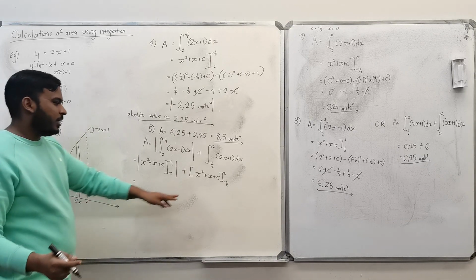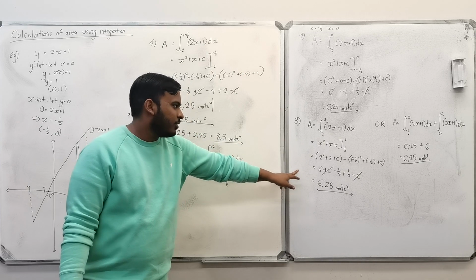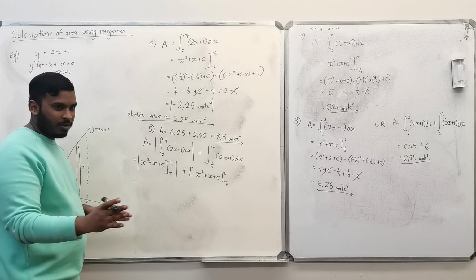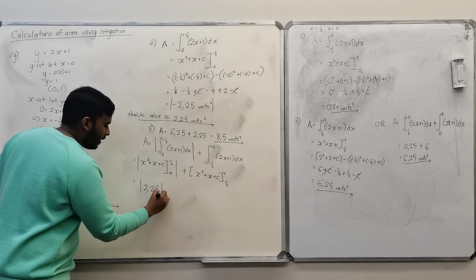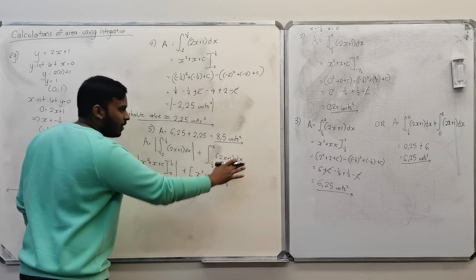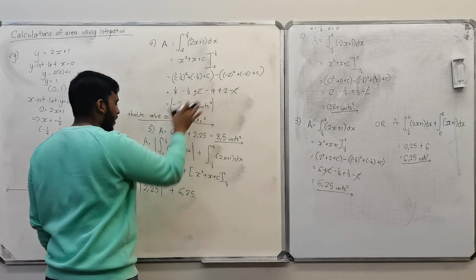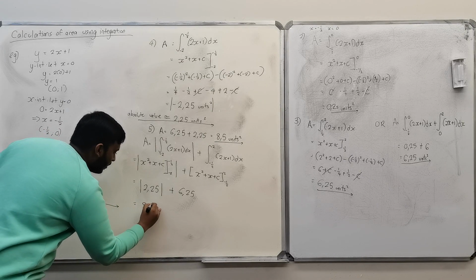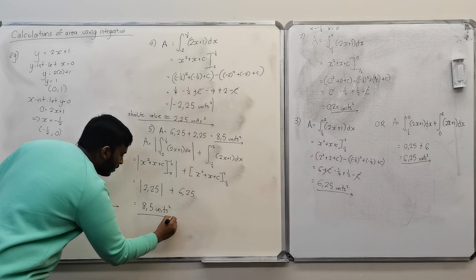So remember, we did the substitution here, right? So here you would have ended up with 2.25 plus 6.25. You would have done this part here, and you would have done this part here, and then you end up with 8.5 units squared.